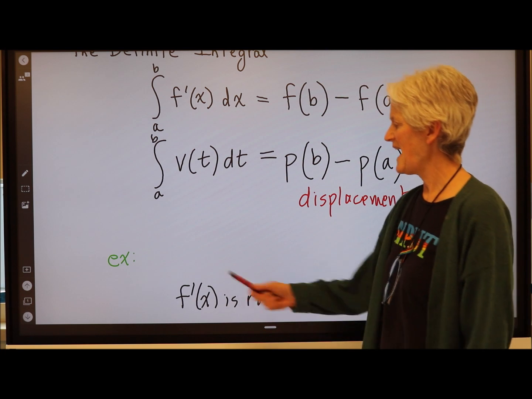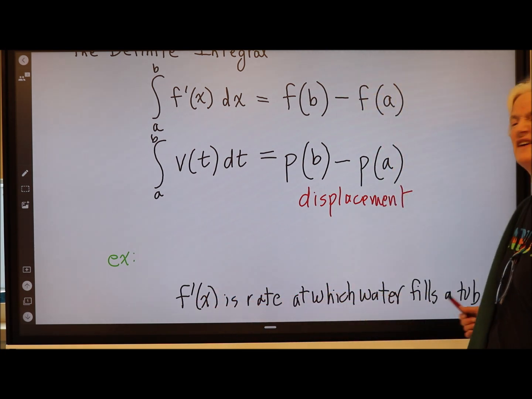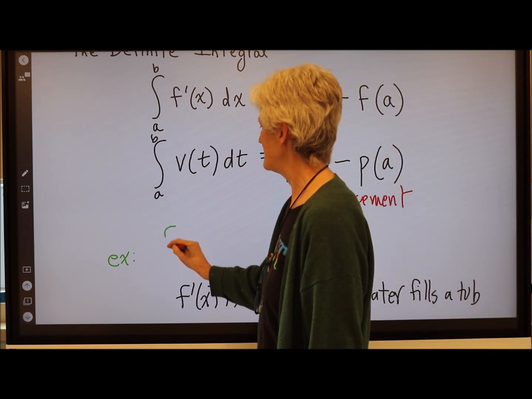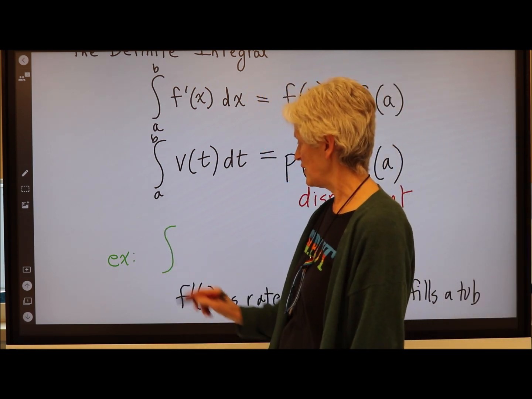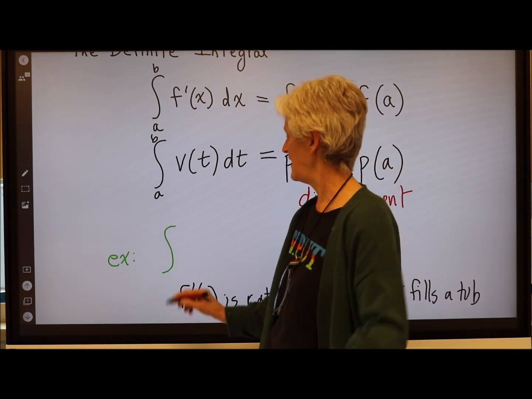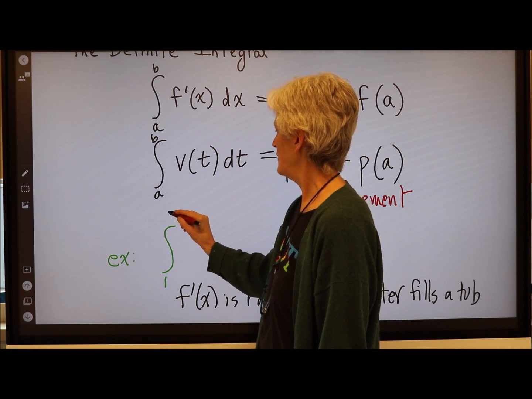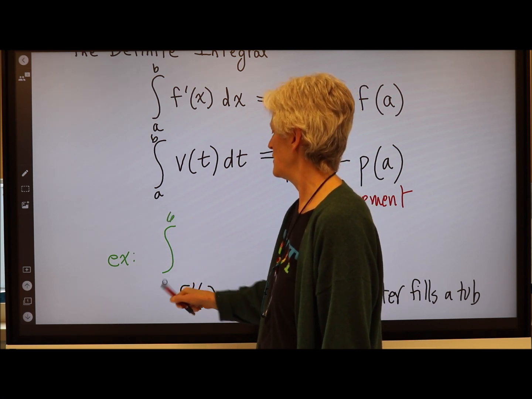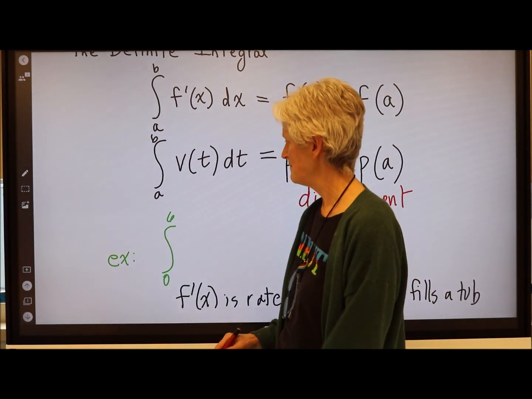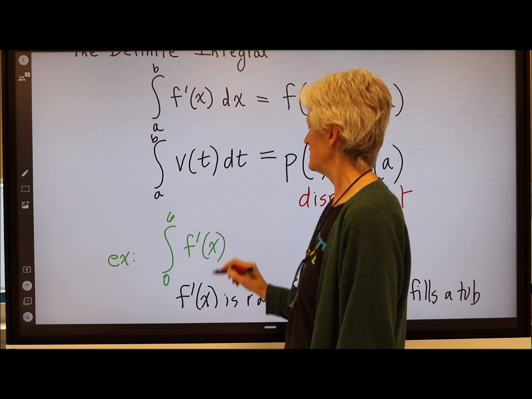Let's say f prime of x is the rate at which water fills a tub. If I were to take the integral from a to b, let's put some times in here, let's go from 0 to 6 minutes. I am filling up a tub of water.